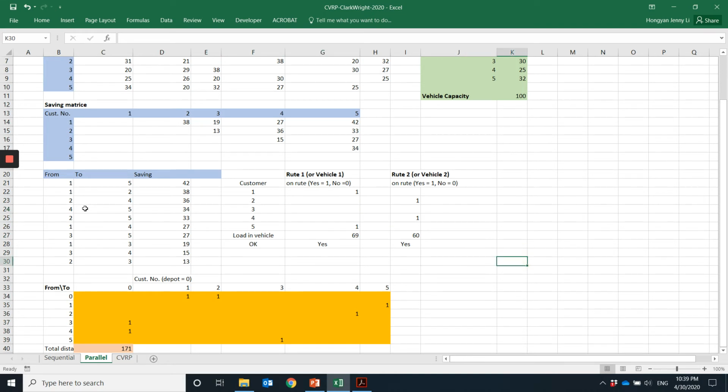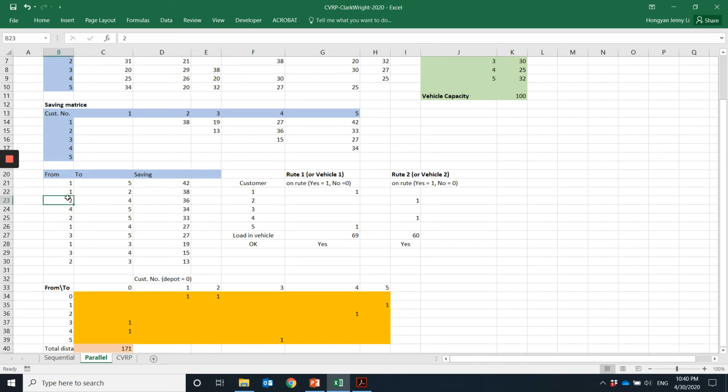And then next step, you check on your list. You can see 1 and 2 can be connected, but if I add 2 into this trip 1, then they violate the capacity constraint, which I cannot do. So I delete this.